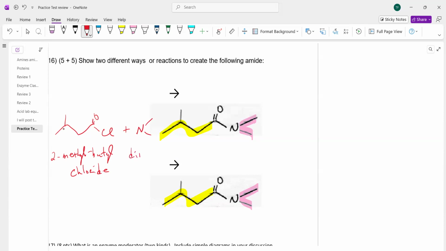with dimethylamine. And we're going to make N,N-dimethylbutanamide. Okay, and then we're going to use the anhydride.